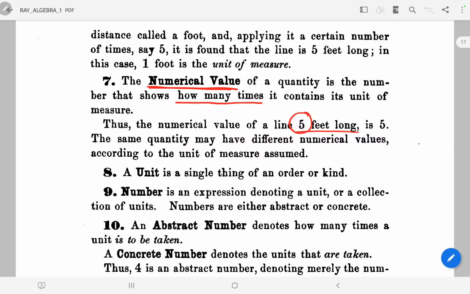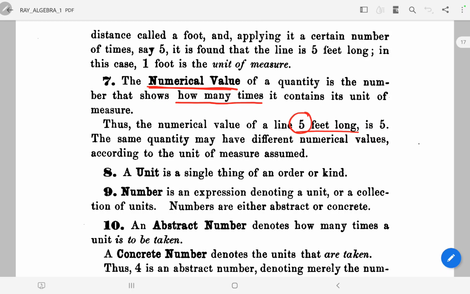If we use a different unit of measure, the numerical value will be different. So here in the example, we chose to use 1 foot. But what if we chose to use inches? If we measured the same line, but used 1 inch as the unit of measure, we would find that the line was 60 inches long.